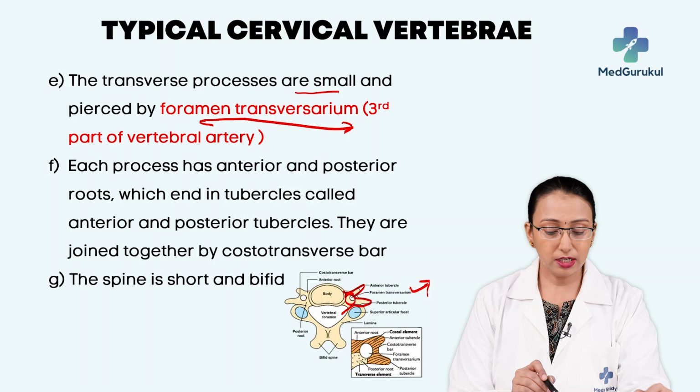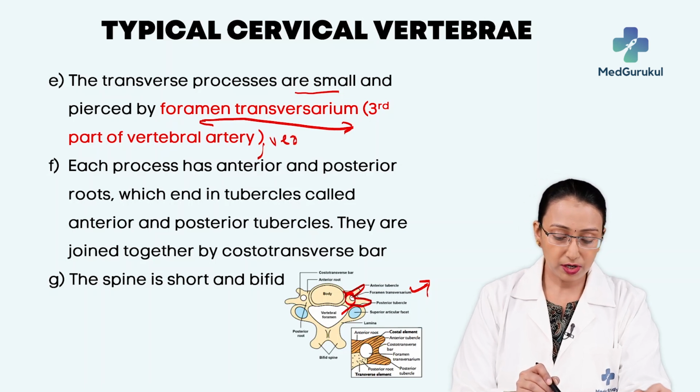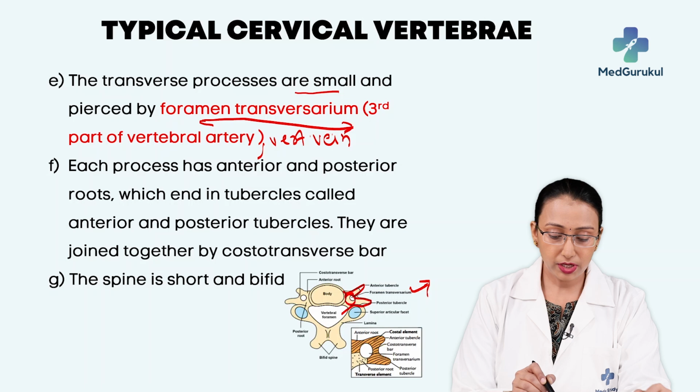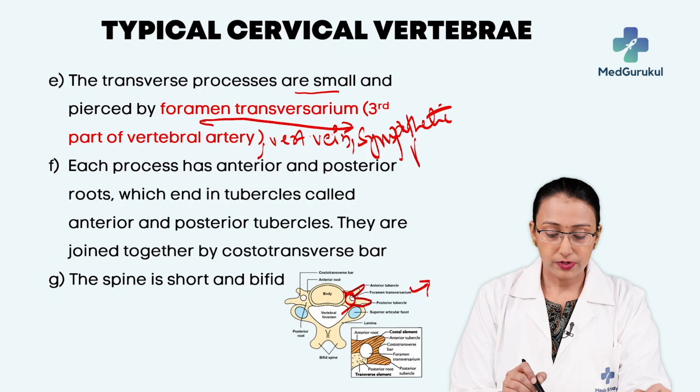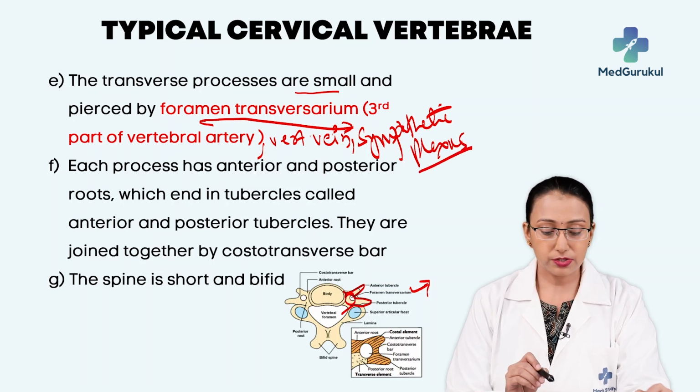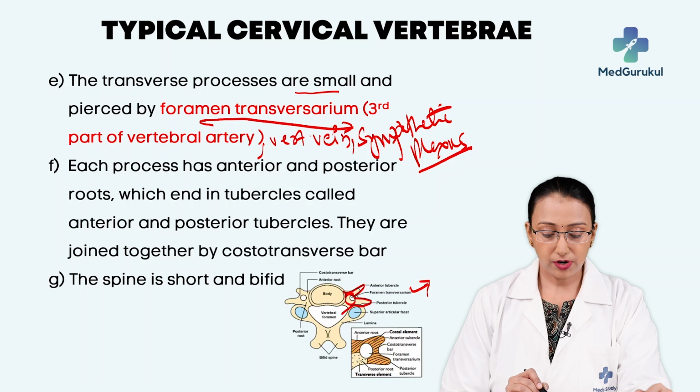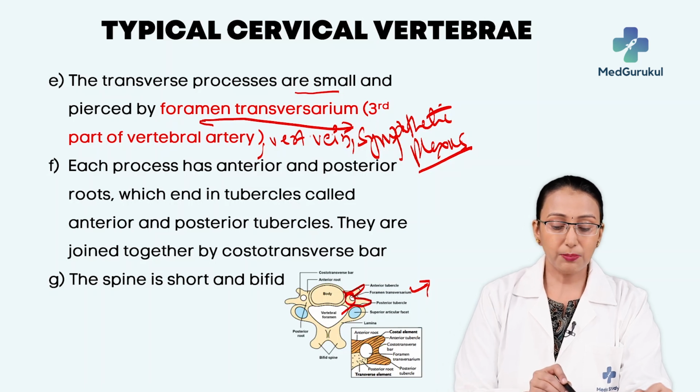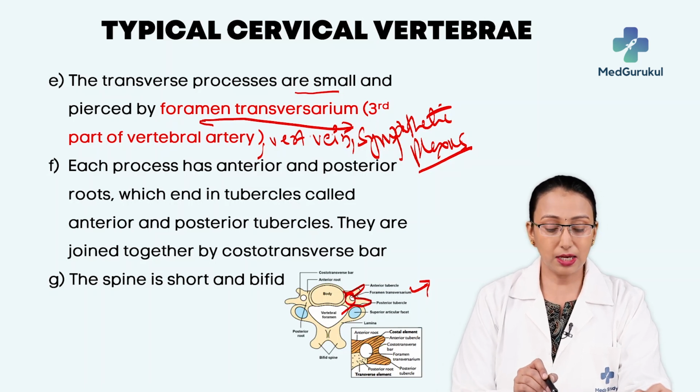It is the third part of the vertebral artery, then the vertebral vein, and also the sympathetic plexus surrounding the artery. These are the structures which pass through the foramen transversarium.